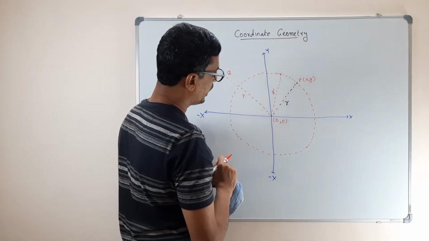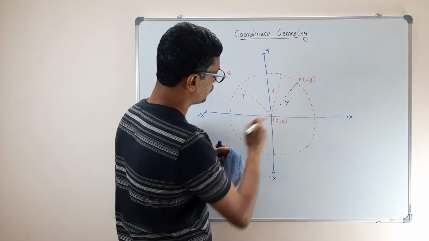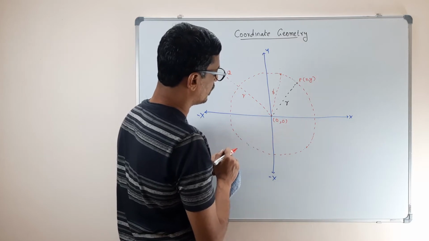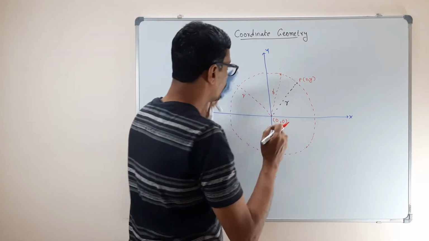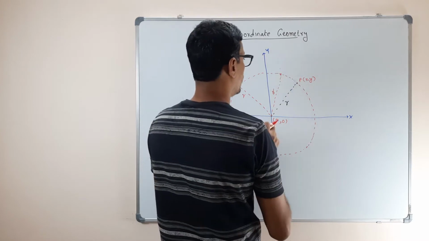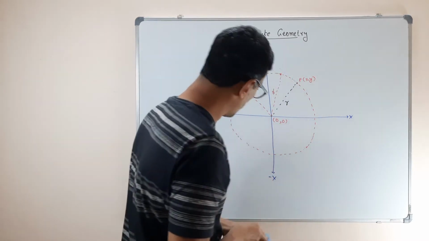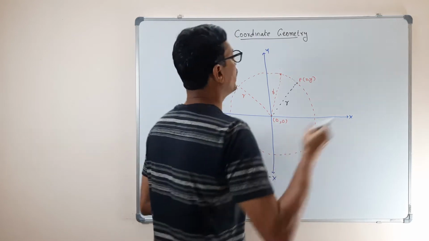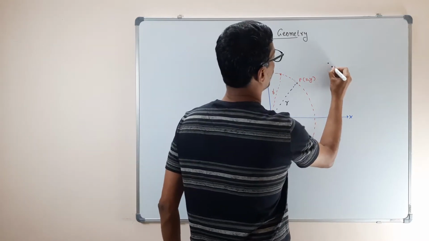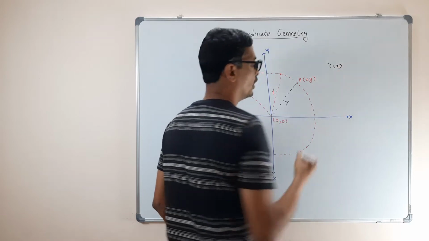And I can do one more thing also. Instead of this point 0, 0, I can ask you from some other point also, right? I will tell you, I don't want it from 0, 0. I will take a point here, say let it be 1, 2.